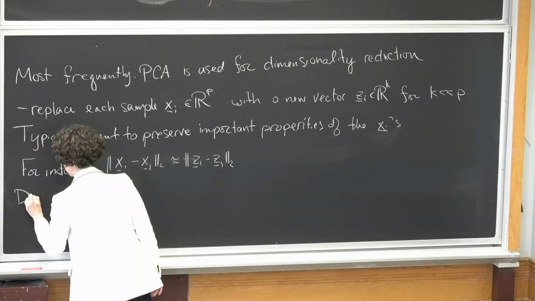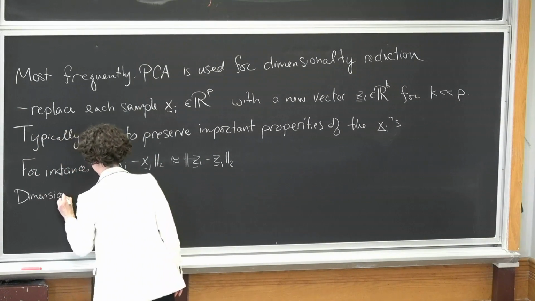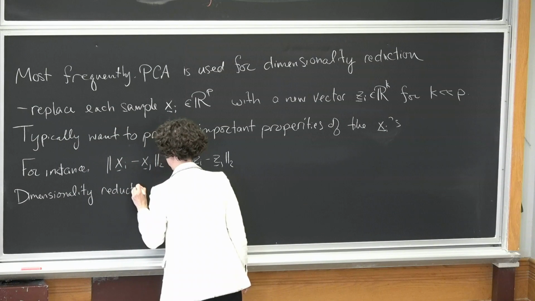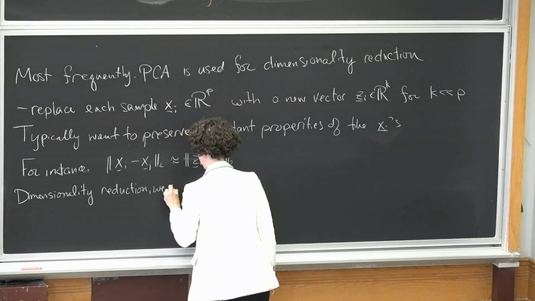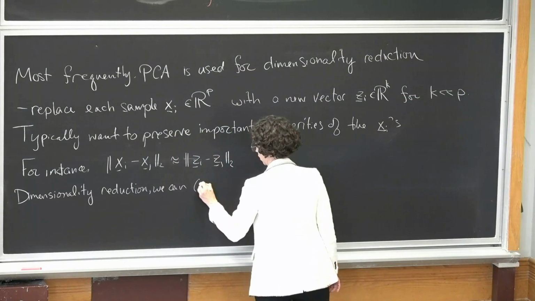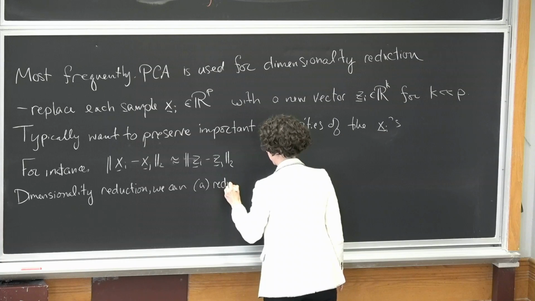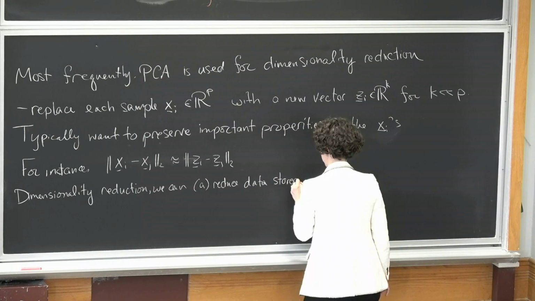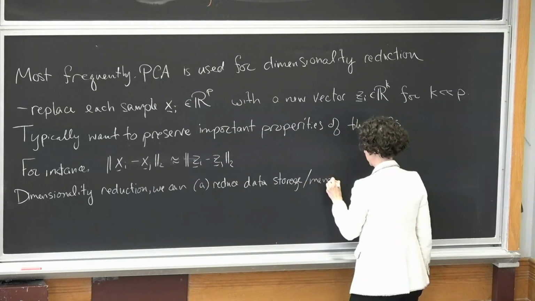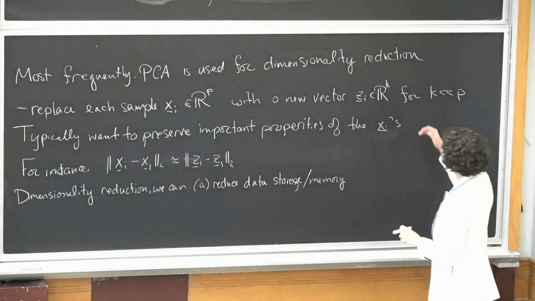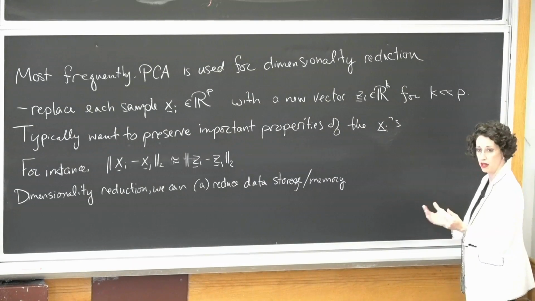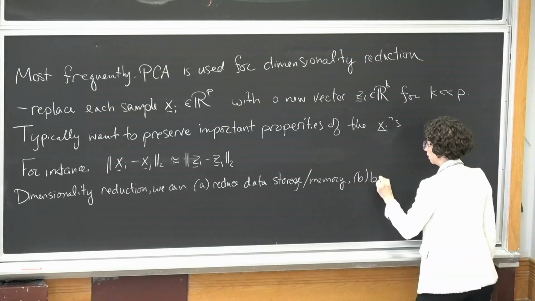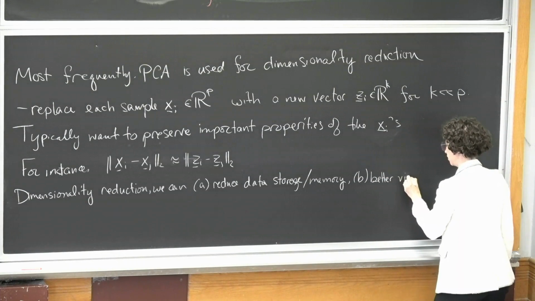So with dimensionality reduction, we can do all kinds of things. We can reduce data storage or our memory requirements, especially when p is enormous and k is small. That can be very impactful. We can also better visualize data.